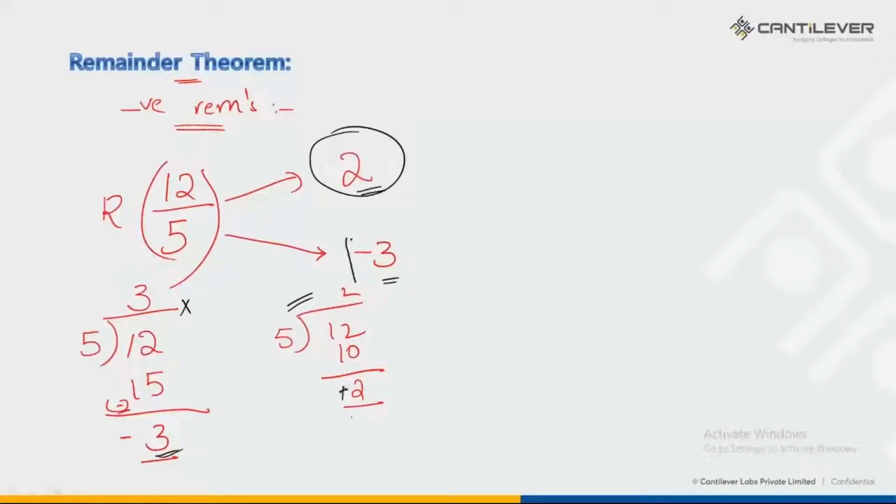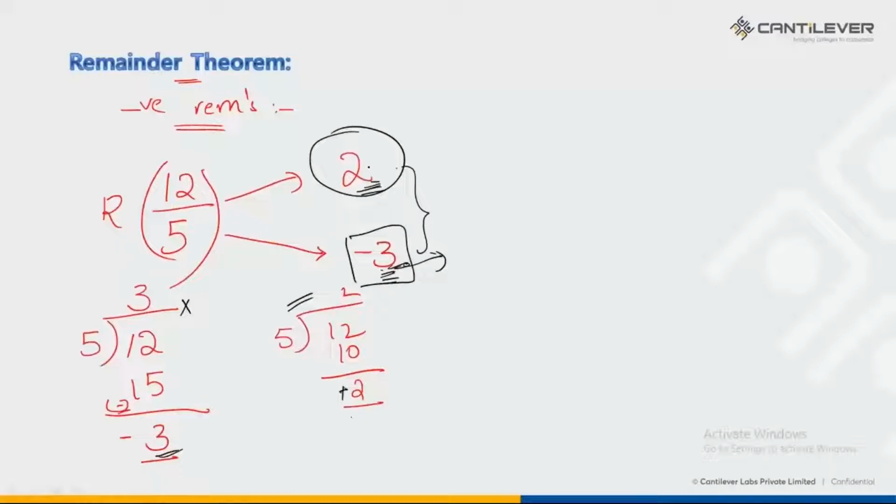We don't consider negative remainders, we consider positive ones. Ma'am, then why are we using this concept? Because in some cases, rather than calculating a positive remainder, calculating a negative remainder can give you answers faster. So there we will use the concept of negative remainder. Why? Because if you know the negative remainder, you can calculate the positive remainder. How?